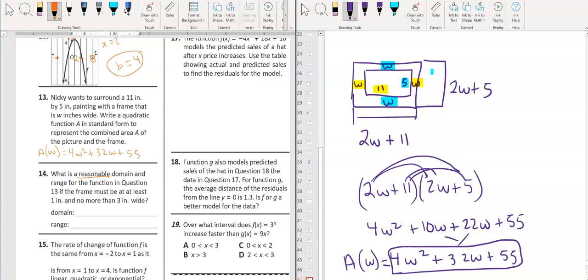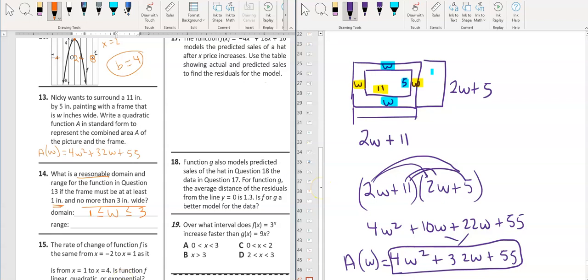So it tells us that the frame must be at least 1 inch and no more than 3 inches wide. So this frame, W, which is our domain, needs to be at least 1 inch wide, but no more than 3.